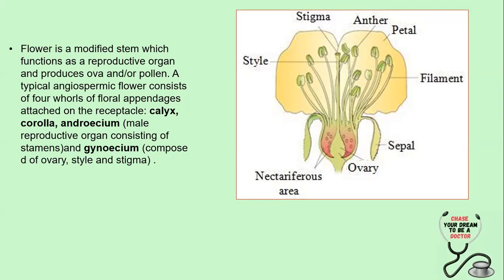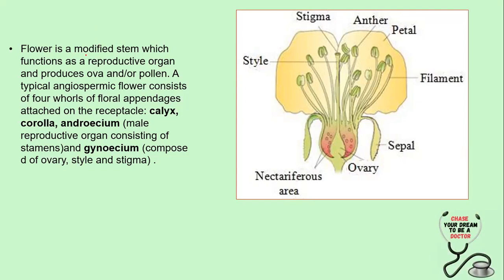Exactly as in plants, the flower is the modified stem which acts as the reproductive organ. Similarly, as in human beings, in plants also you will find separate male as well as separate female reproductive systems. Yes, everyone. So let us read one by one.